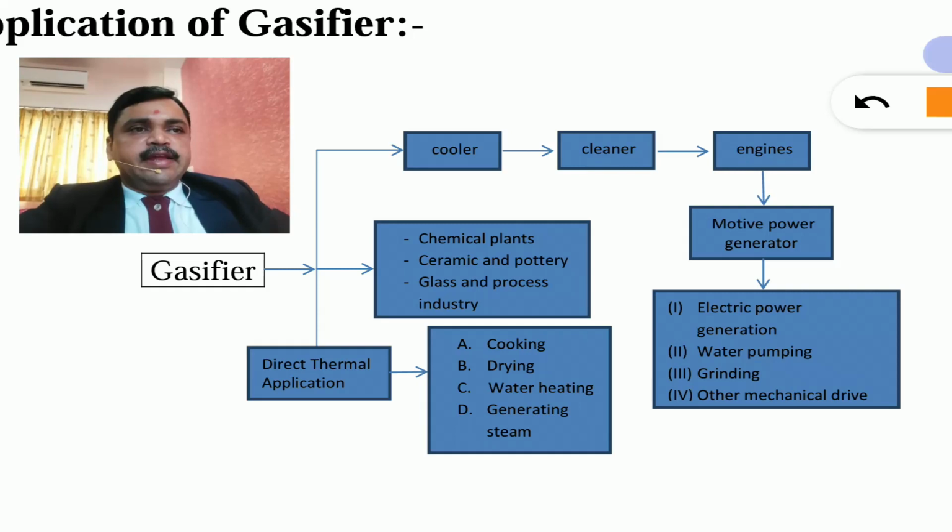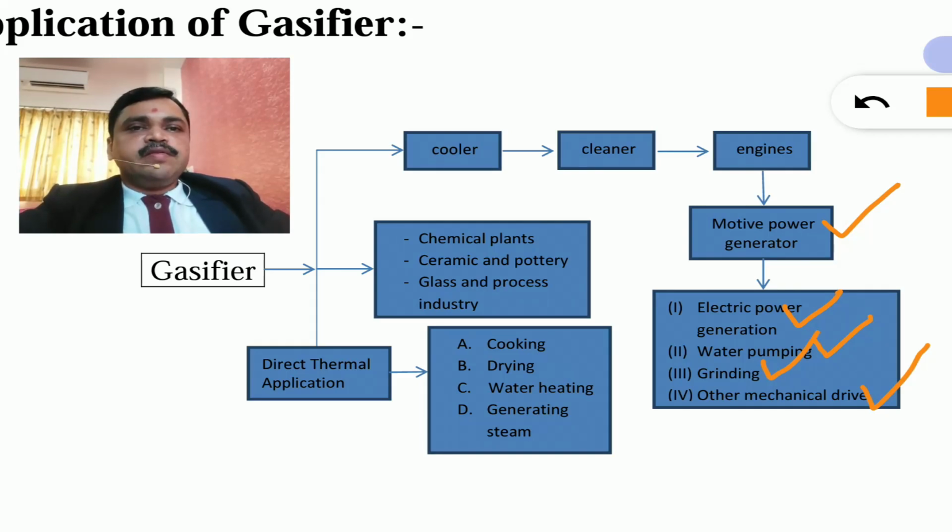We get energy for motive power generation, and this power is used for electric power generation. Number 2, water pumping. Number 3, grinding. And number 4, other mechanical drives.